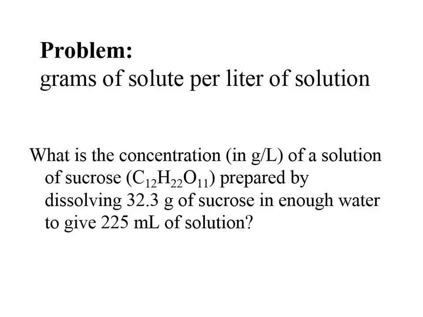So with this picture here, the question is, what is the concentration in grams per liter? So I can write a question mark, what I'm after, and write grams of C12H22O11 per 1 liter of solution. So that's what that means.